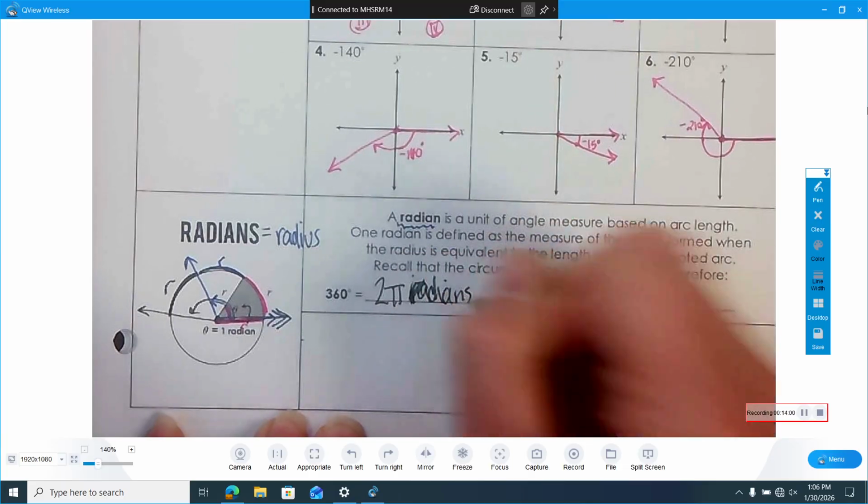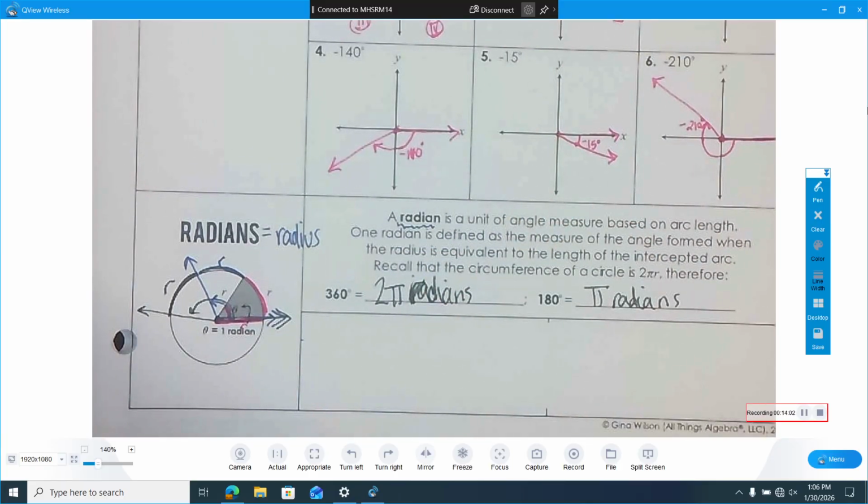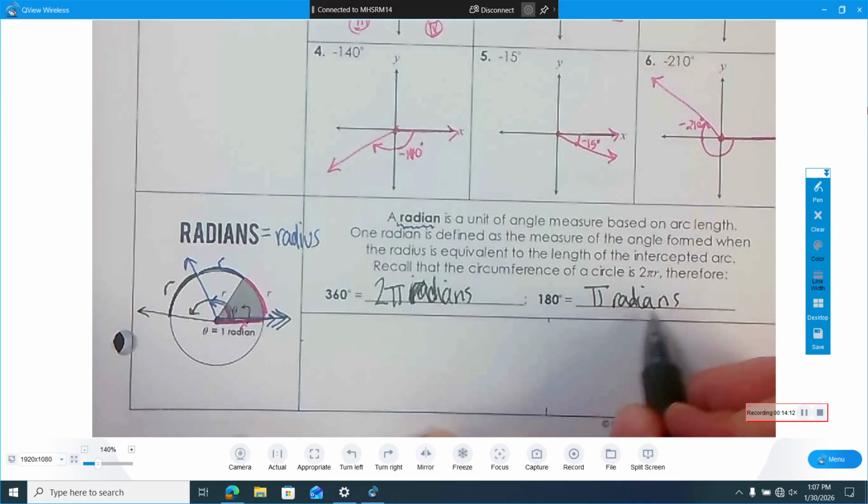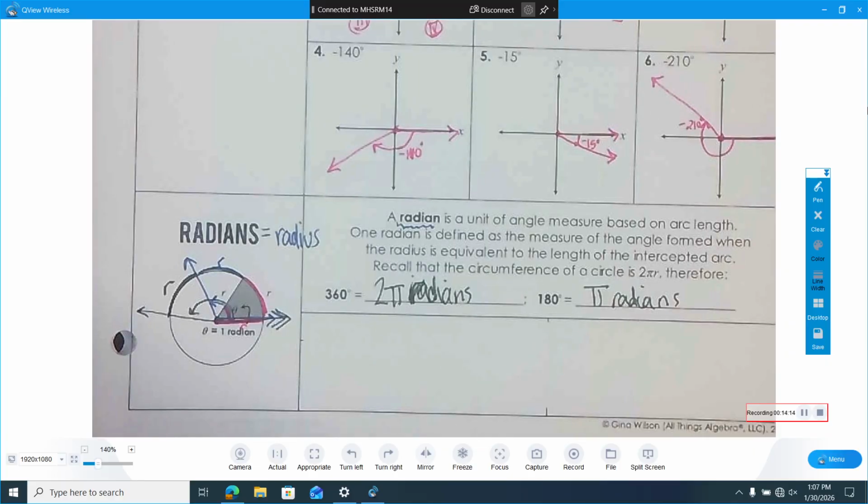2 pi radians is going to give us that whole rotation, and then we can divide each side by 2, and it turns out that pi radians gives us a full 180 degrees. This is a nice measurement for us. We can use that to help us convert between radians and degrees.